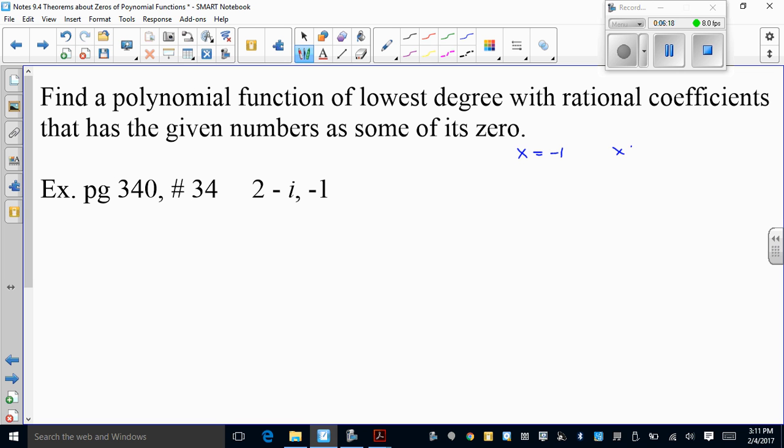Hopefully by now that's the easy one for you. And now we have x equals 2 minus i. Oh, actually that's plus or minus i. What you need to do on this one is bring the real over to this side. So now I have x minus 2 equals plus or minus i. Anyways, isolate the i.